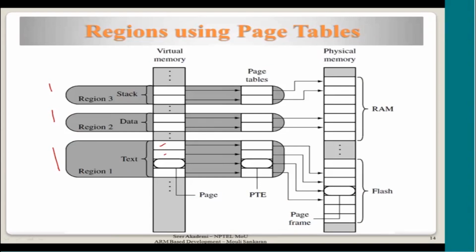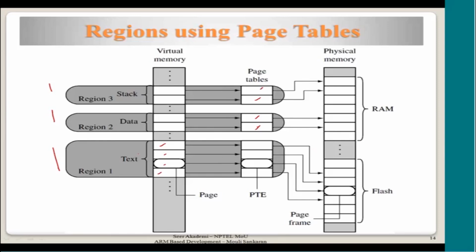The access permissions could be different, but they can all fall under one region. The stack can be at different locations, and each will have a different page table entry. The sizes of page tables also can be configured based on the MMU configuration that I will be talking about.